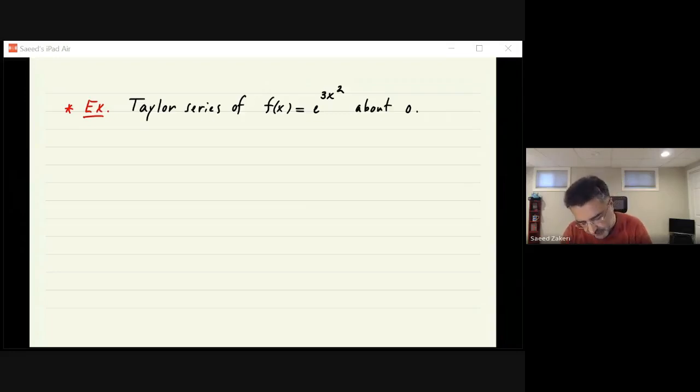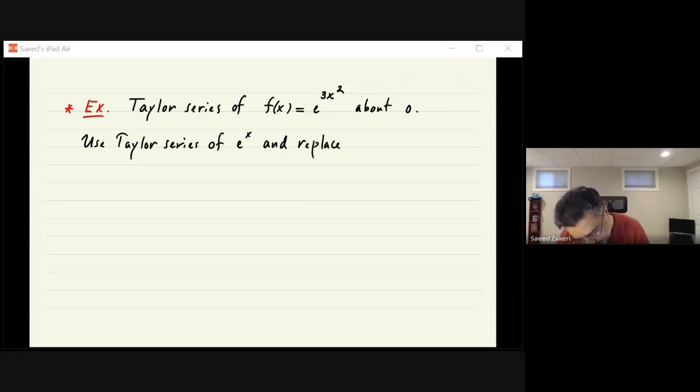So that will be a much more efficient method. So use the Taylor series of e to the x and replace x with 3x squared.